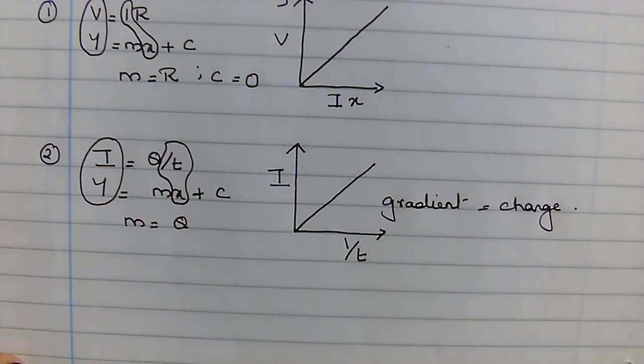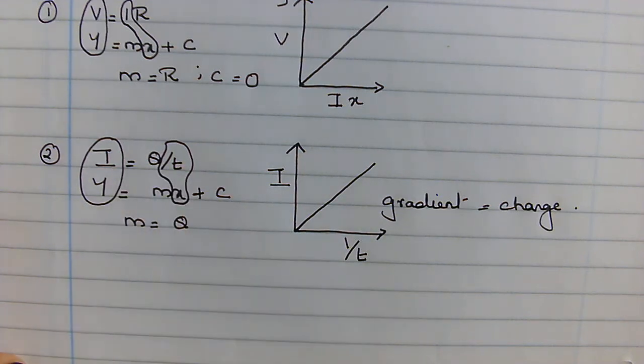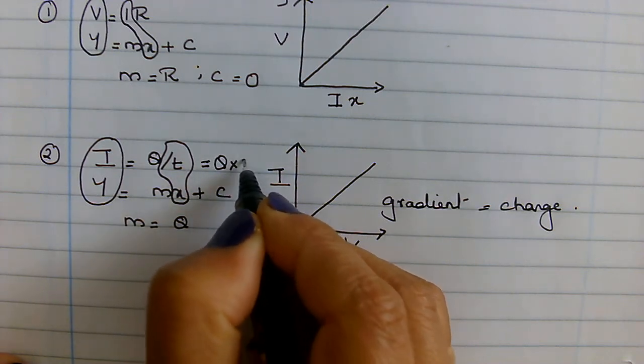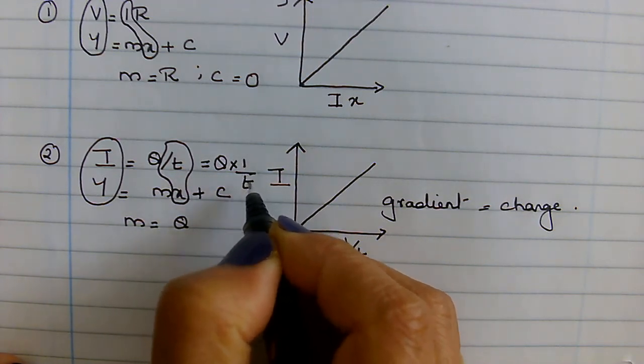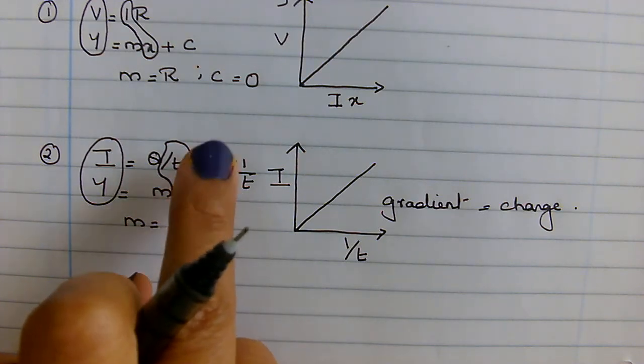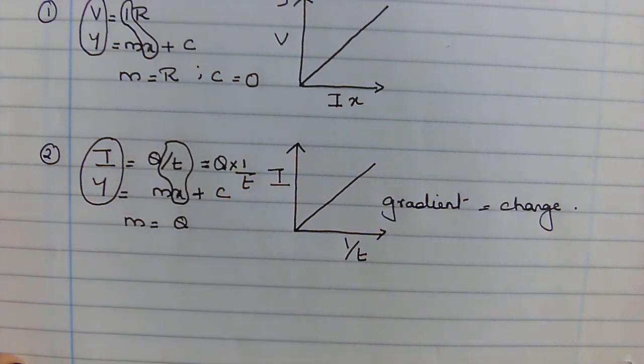Okay, so here it was I equals Q divided by T, or this is the same as Q times 1 over T. So I want to find Q. So if I want to find Q, what I am left with is I and 1 over T. That is why those went to those respective axes.